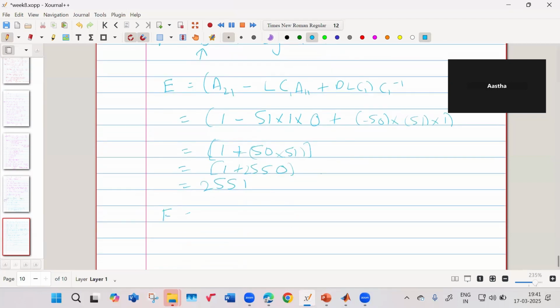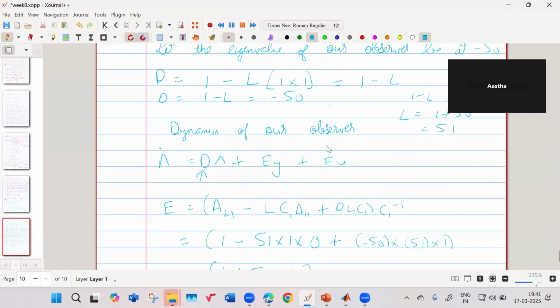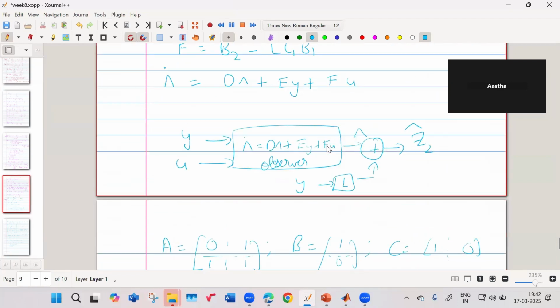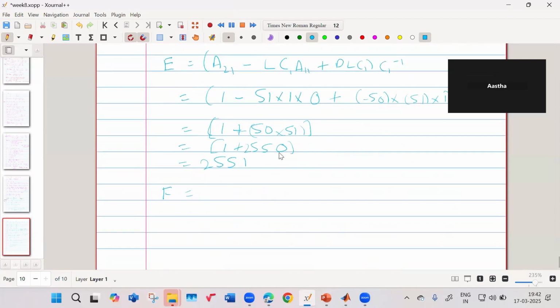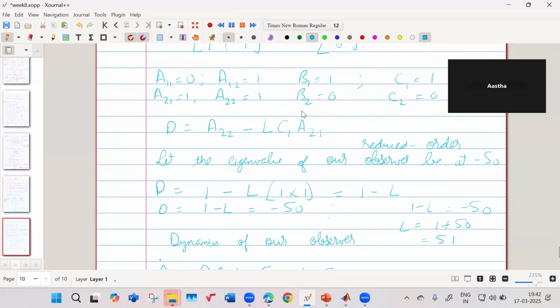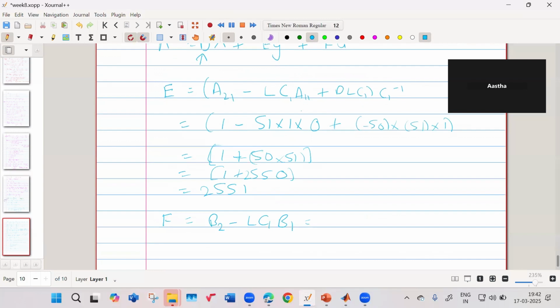What is F? F is equal to B2 minus L C1 B1. Our B2 is 0, minus L which is 51, into C1 which is 1, into B1 which is 1. So our F is equal to minus 51.